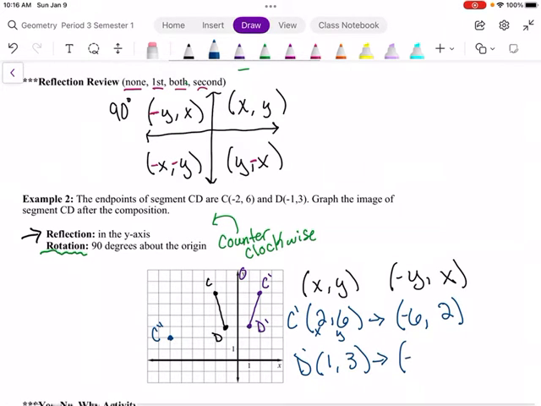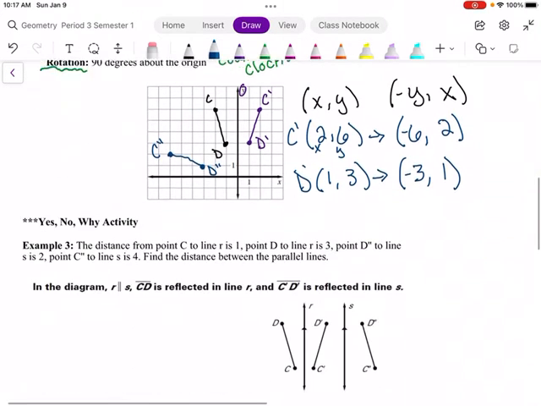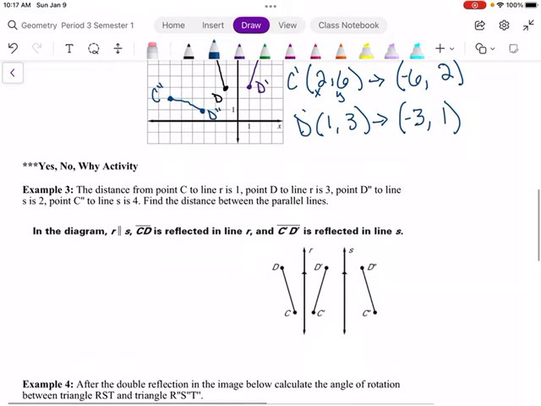We'll do negative y, so negative 3, comma 1. And that will be D double prime. And there is our composition. And because we're doing the notes, we're going to skip this, it'll be an in-class activity.